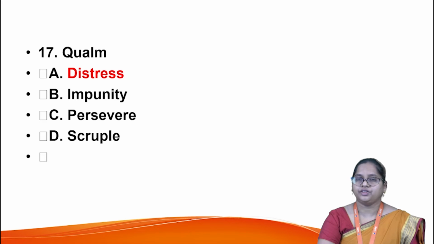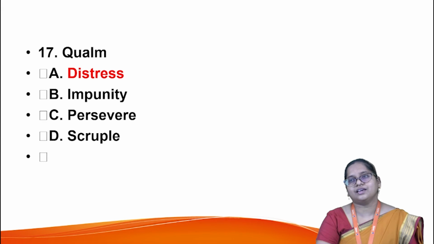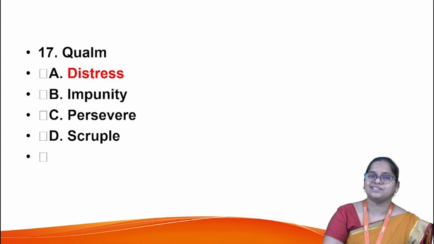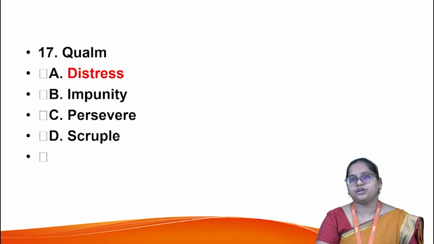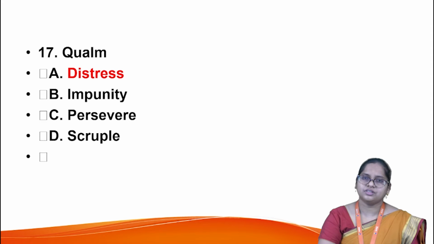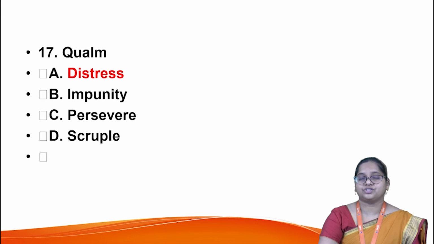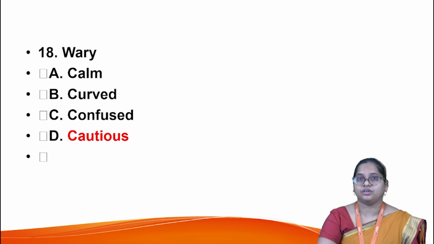Impunity is when you're given an exception, free from punishment. Perseverance is being able to tolerate, and scruple has to do with deliberation. So option A is distress, feeling sick or feeling painful.